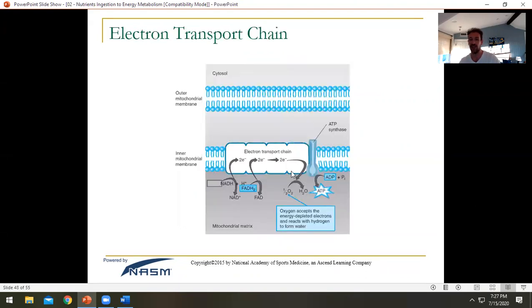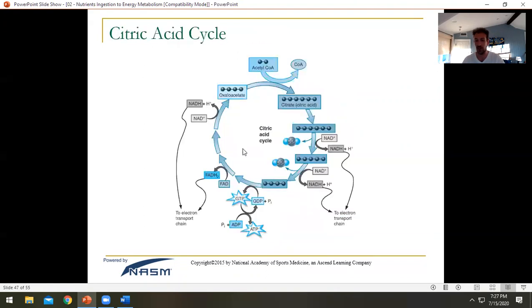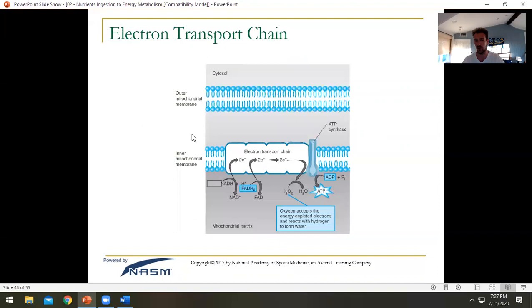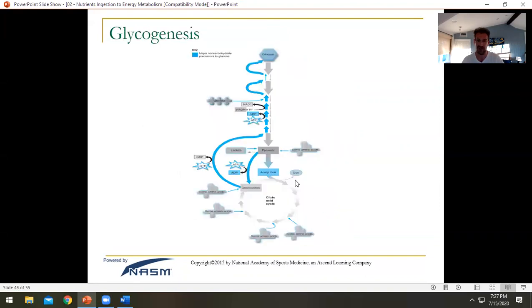And those NAD and FADs will eventually go through the electron transport chain here, and they'll all get squeezed into this little protein called ATP synthase or ATPase, where it'll squeeze it all together and leave you with a whole bunch of ATP. Meanwhile, both of these processes require oxygen to also come in as an ingredient.